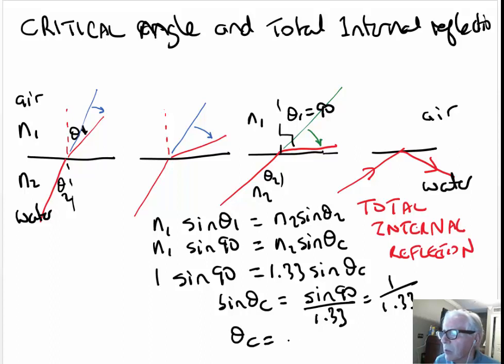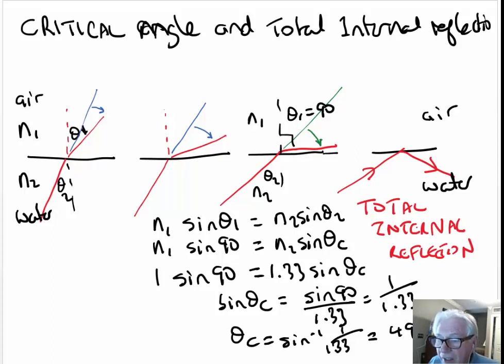Theta c is equal to sine to the minus 1 of 1 over 1.33, which equals, so this is going to be second sine 1 divided by 1.33, and I'm getting 49 degrees. So this is telling me this is 49 degrees.